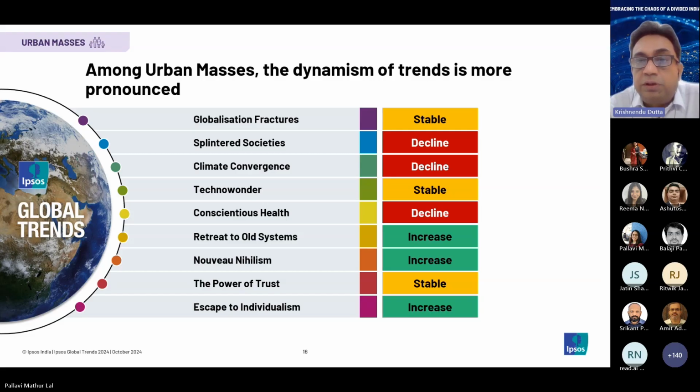"I feel very proud of my country" is the sharpest swing that any of our attributes has shown between the previous wave and this one. And we are seeing signs of social discontent all around us, which seem to be signals of this decline in pride for our country.